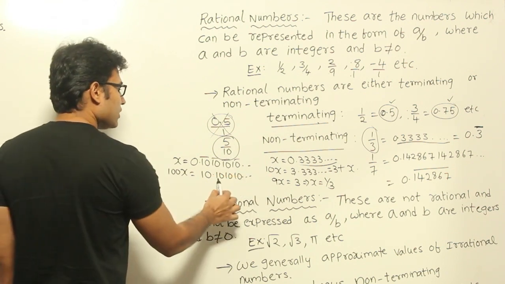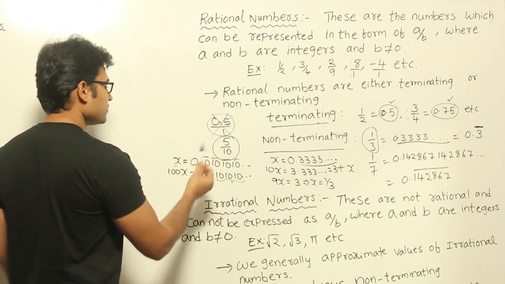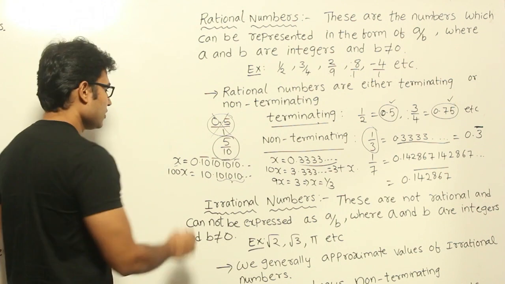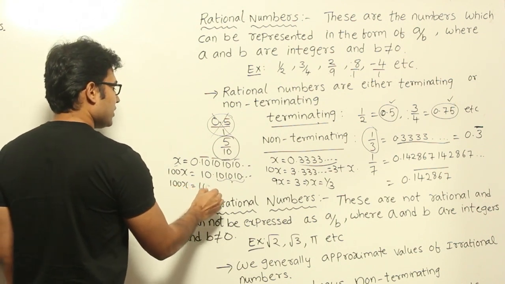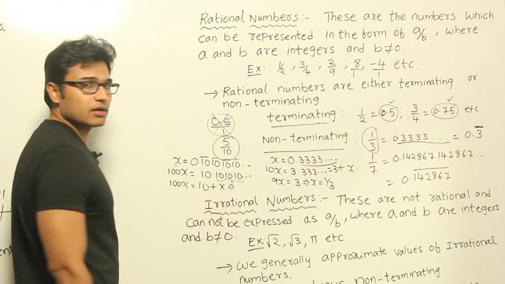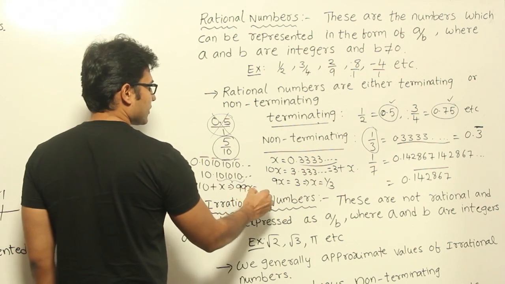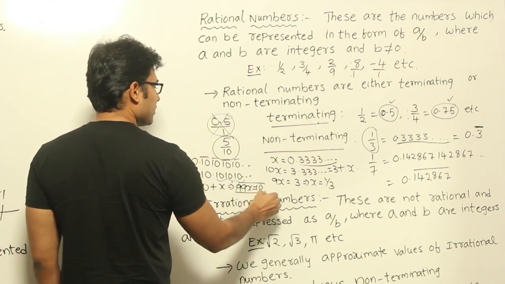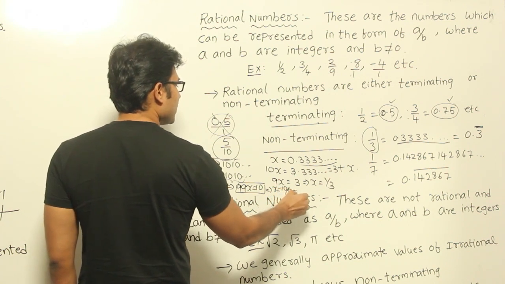And now clearly you can see that this entire thing 0.101010 can be replaced with x. Therefore, 100 into x equal to 10 plus x, right? Now what does it mean? 99x equal to 10, right? From this I can derive that x is equal to 10 by 99.